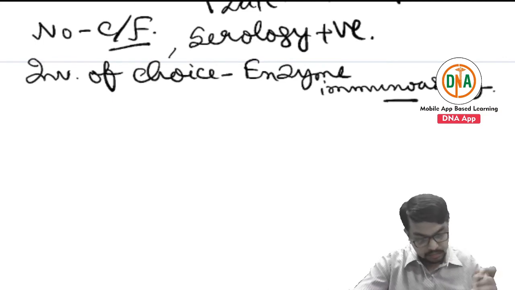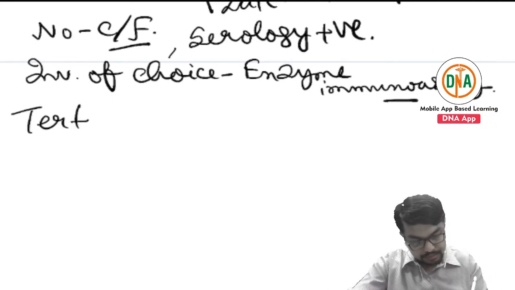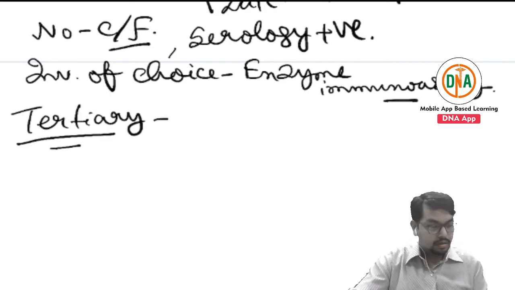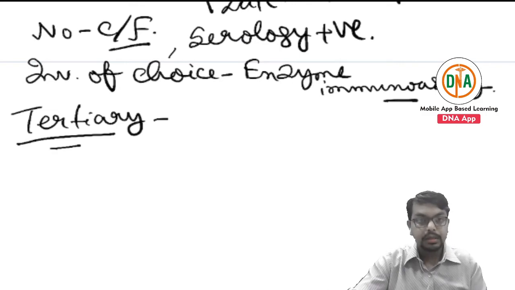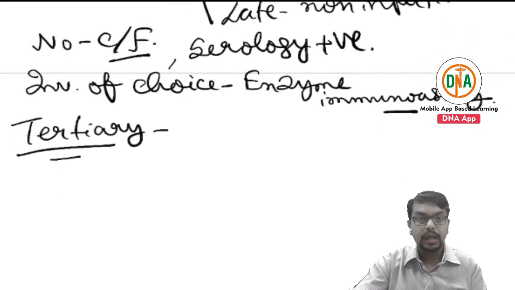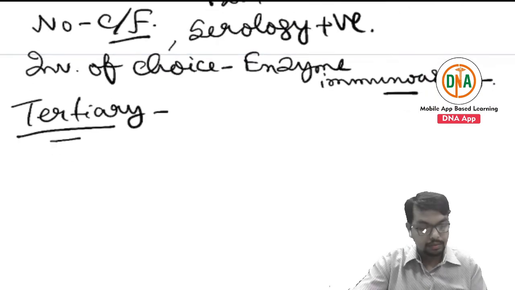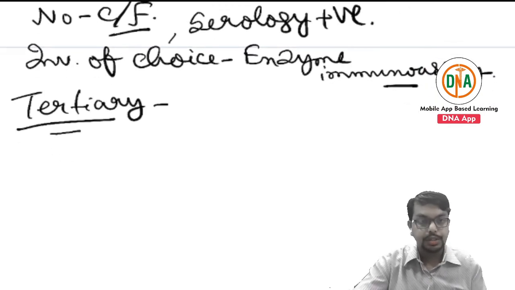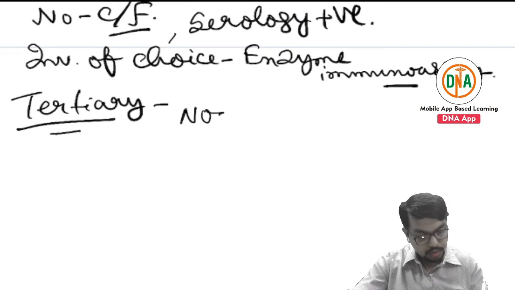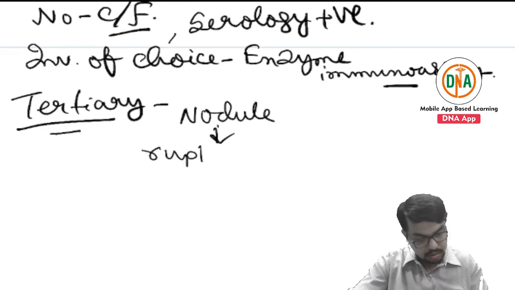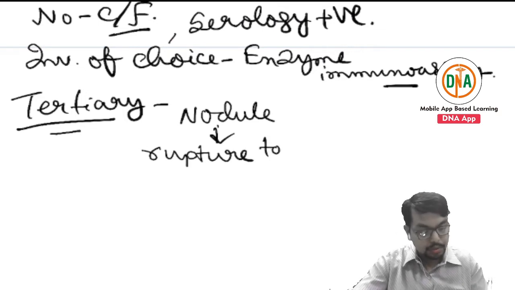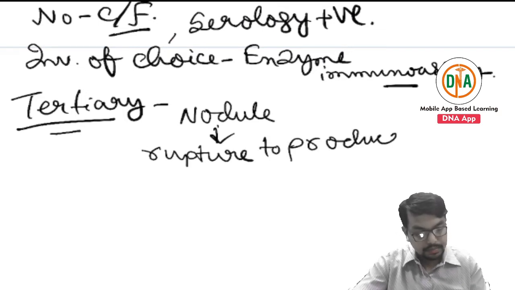Next, tertiary syphilis. If the patient is not treated even in the latent phase, then there is a chance of progression to tertiary syphilis. What we get in the tertiary stage is a nodule which will rupture to produce a punched out ulcer.